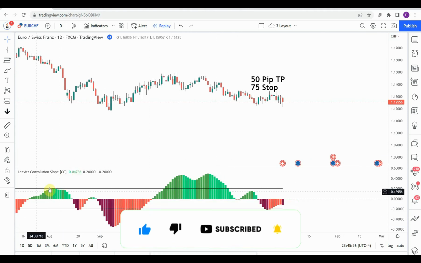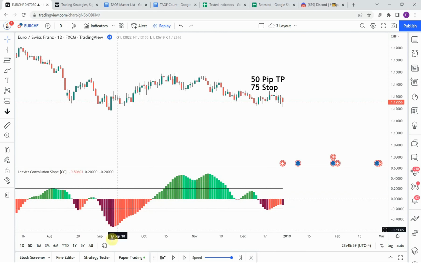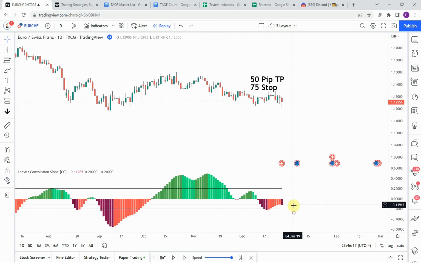So what we have is basically a histogram here, columns now instead of a histogram technically, but still a histogram nonetheless. And then you can see that we have the upper band, the lower band, upper line, lower line, and we have a zero line, of course, running right down the middle at the 0 mark.